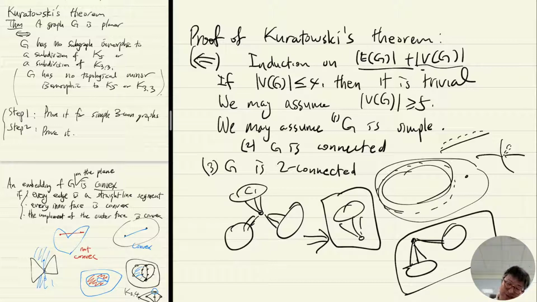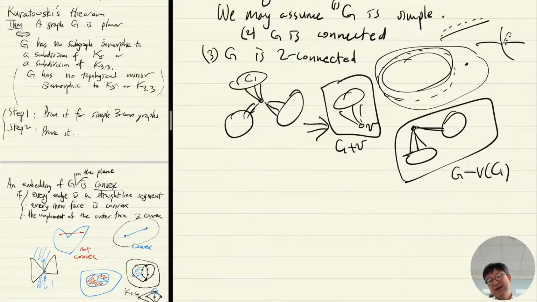So this is C1, and this is C1 plus v, and G minus C1. Now, both graphs are definitely smaller than our original graph in terms of the sum of the number of edges and vertices. By the induction hypothesis, each will have a planar embedding.